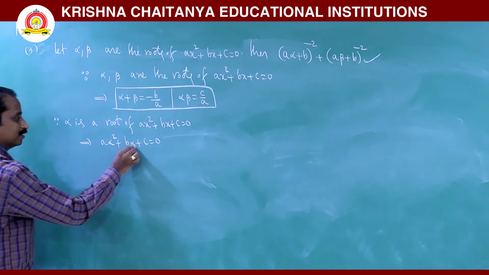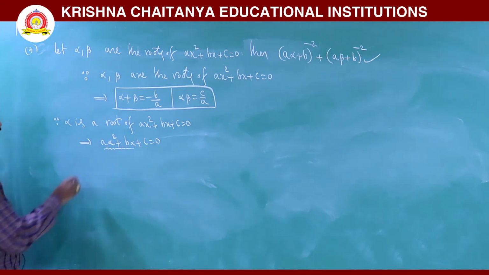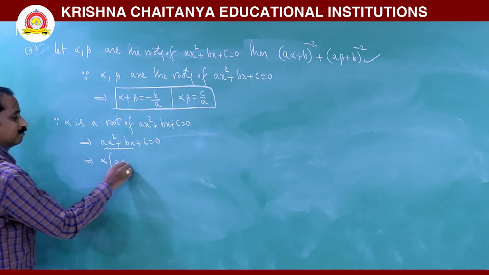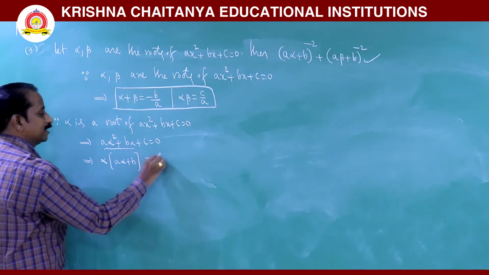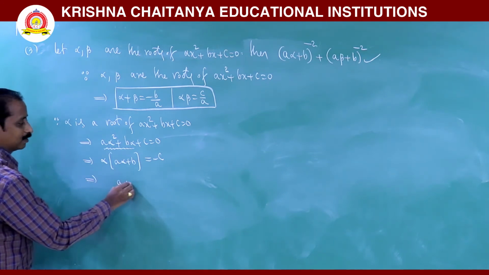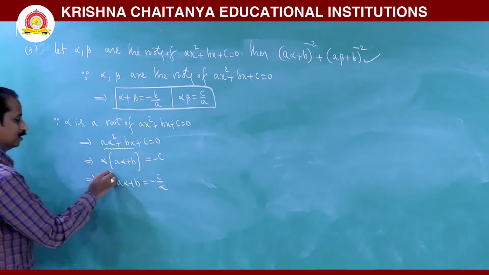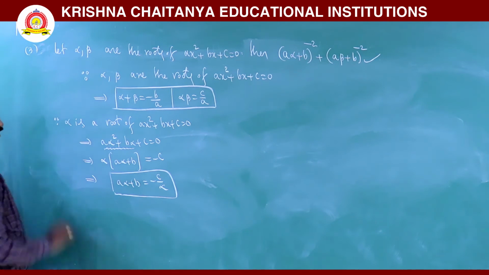For the first two terms there is a common alpha. When alpha is common, it becomes alpha times (a alpha plus b). Plus c taken to the RHS becomes minus c. Therefore, a alpha plus b should be minus c by alpha. So we are getting one condition for a alpha plus b.